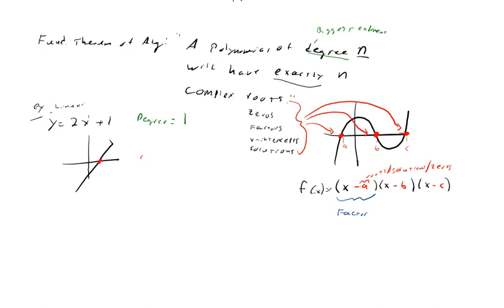Just say roots. A linear equation is going to go from bottom to top, just like we said. A linear equation is going to cross the axis one time.